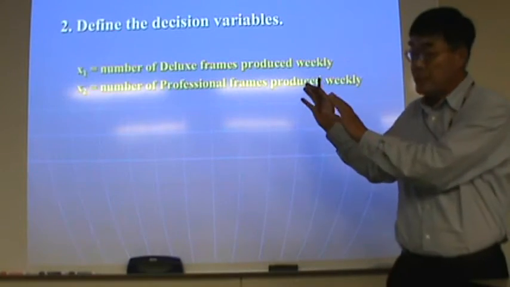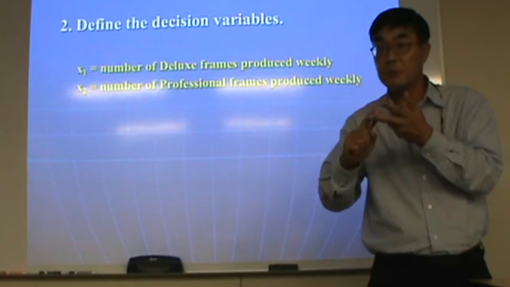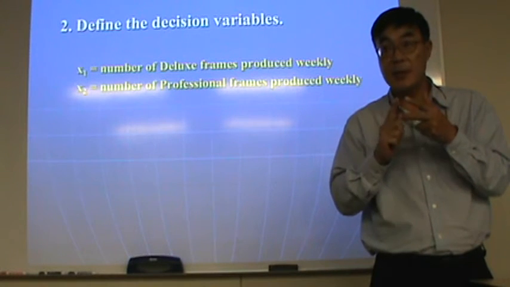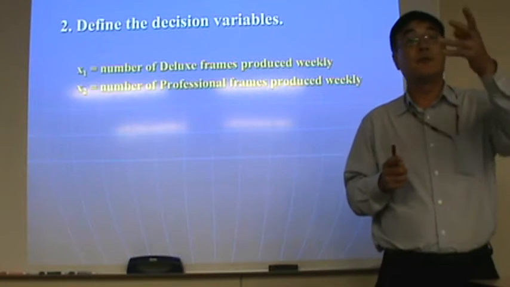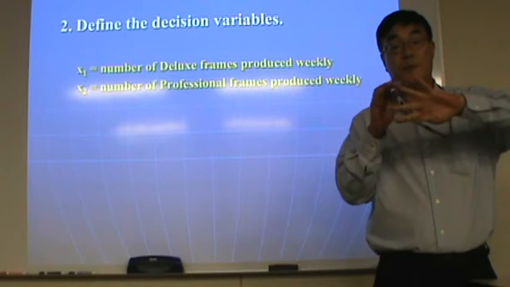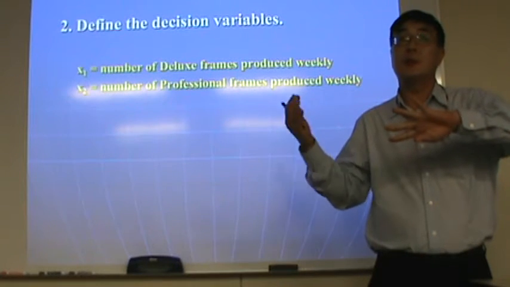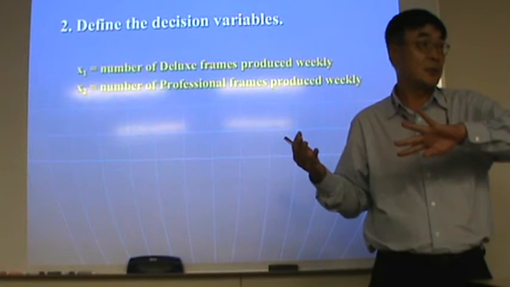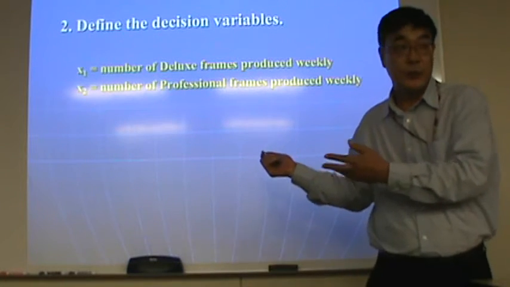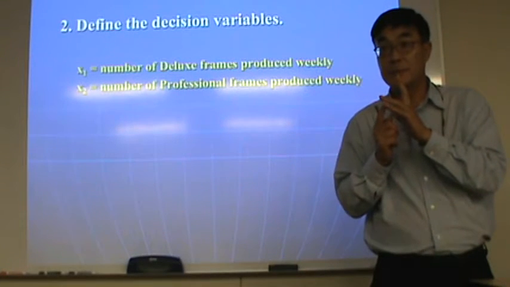Okay, this is a maximize problem. Produce deluxe and professional frames, right? Profit, maximize, right? Flip it over. If this company is concerned about cost, then the resources or ingredients are aluminum and steel, right?